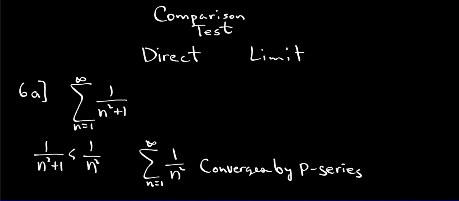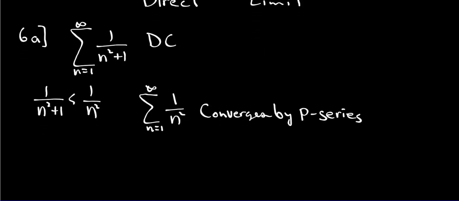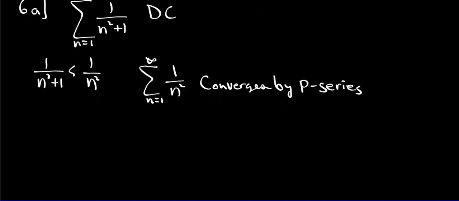That's how we know that one converges. And since 1 over n squared plus 1 is less than 1 over n squared, we know this converges by direct comparison. So the one series is less than the other. So if the one converges, then that one converges. Now we're assuming, of course, that these are positive term series here.